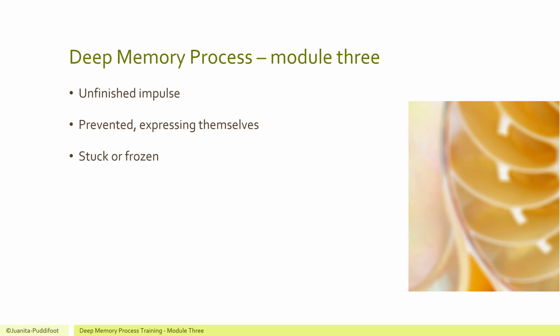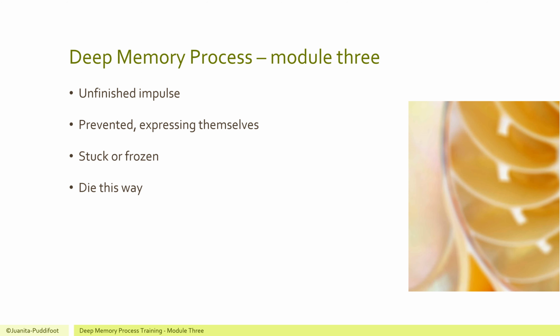In this module, the aim is to learn to identify these and help the client or past life character to release these. For example, when the main character is restricted in some way, such as being tied up, chained, crushed in an earthquake by mounds of earth, and they die this way, there will be energetic residues of the physical reaction to these restrictions, such as a desire to get out, to run, to kick, to break free from the chains, to crawl out from being buried, to scream, to shout for help.